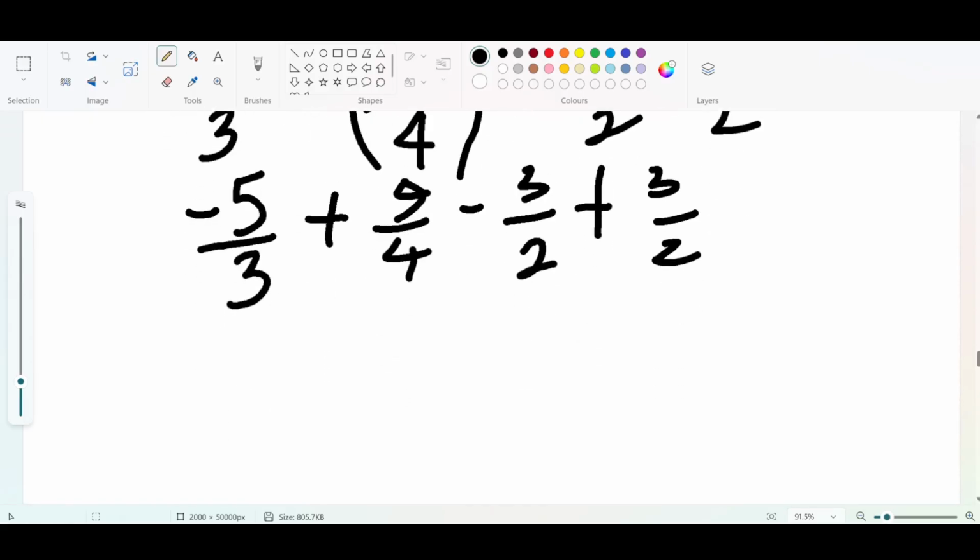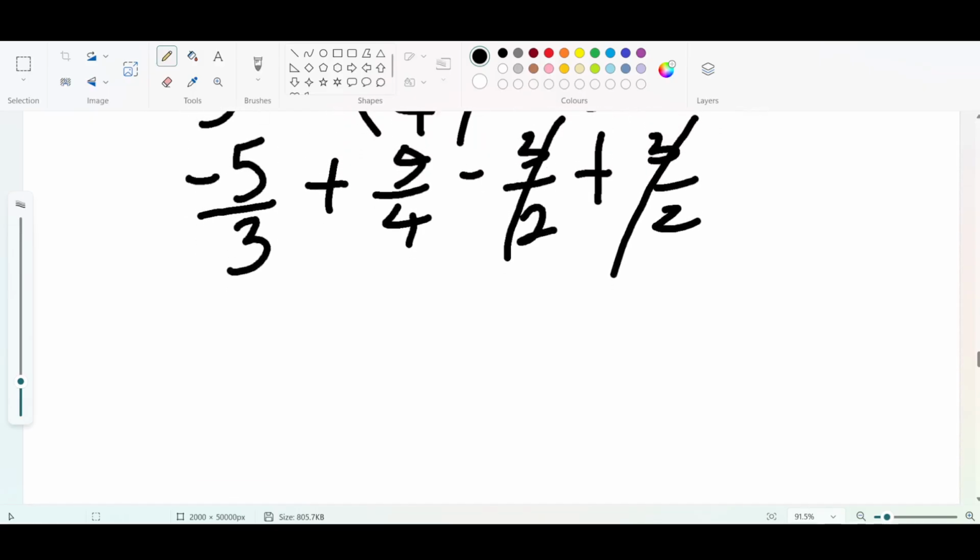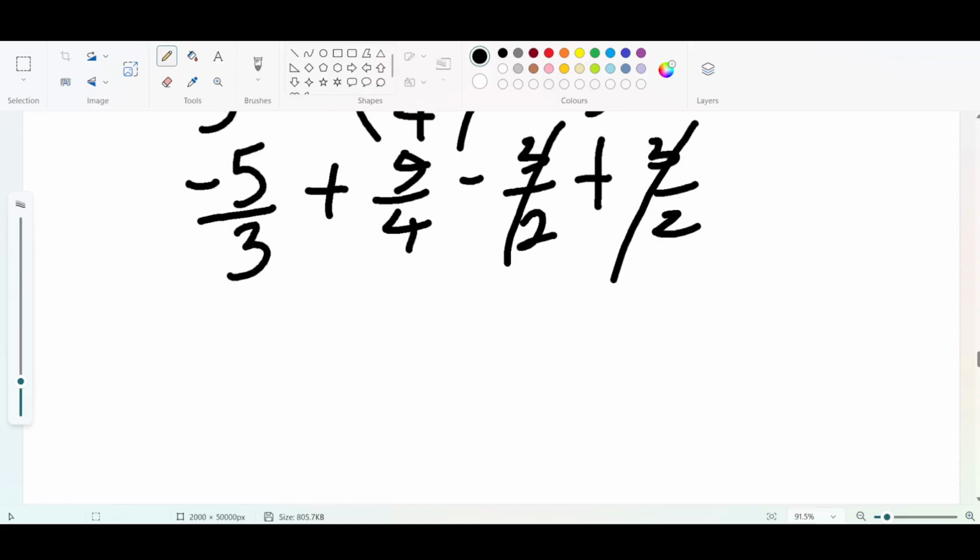At this point, there is no bracket again, so what is left is addition and subtraction. We'll just add them together normally. But if you observe closely, this is minus 3 all over 2 and this is plus 3 all over 2, so this and this will become 0, because they are the same.